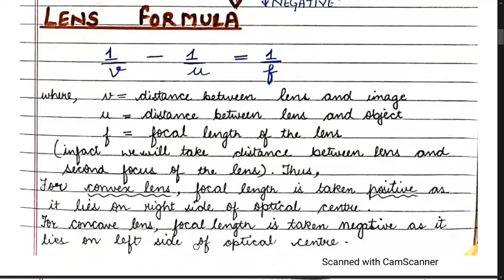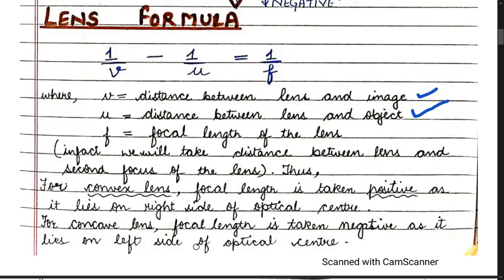Students, V stands for the distance between the lens and the image, U is the distance between the lens and the object, and F is the focal length of the lens.